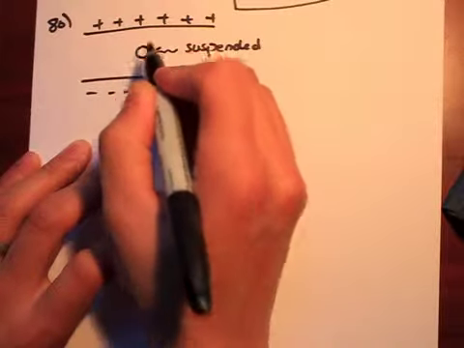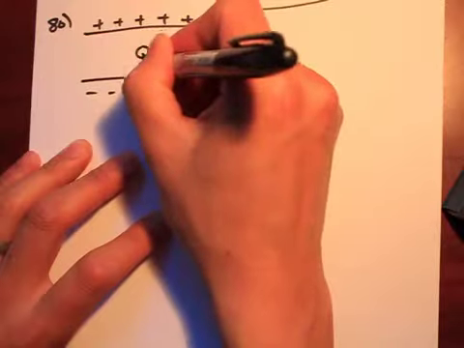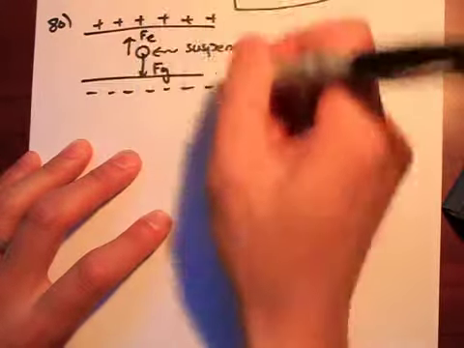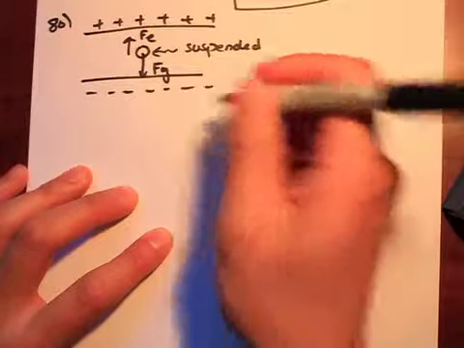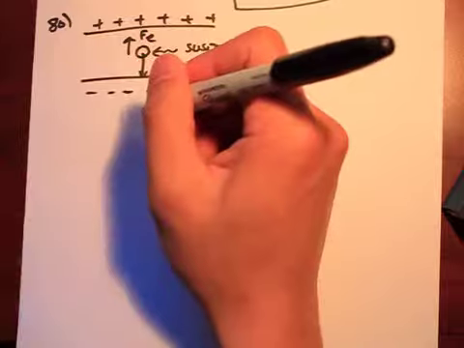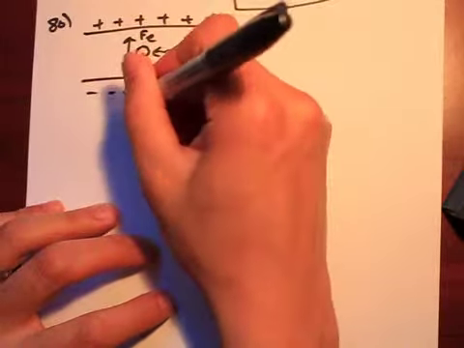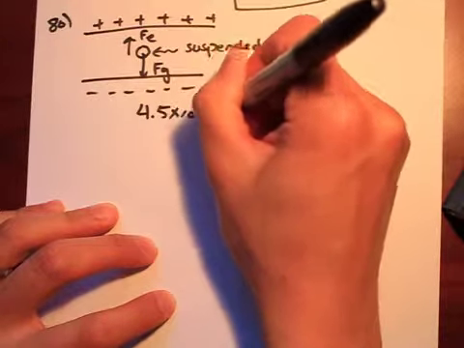Because it's levitating, you know that the force of gravity is equal to the force of this electric field that is applied to that drop. So what's given here? The oil drop shown in the figure is negatively charged and weighs exactly 4.5 times 10 to negative 15 newtons.